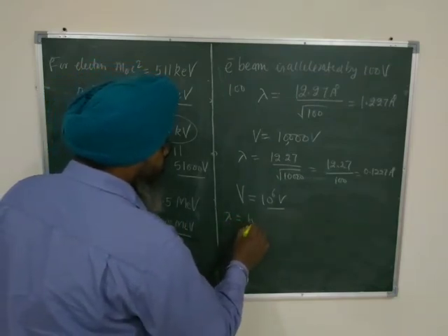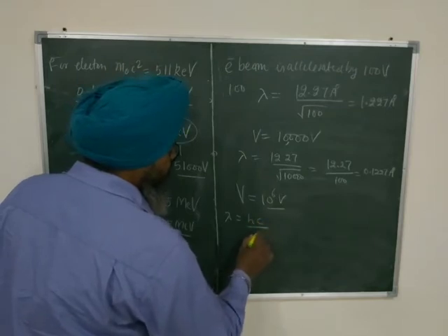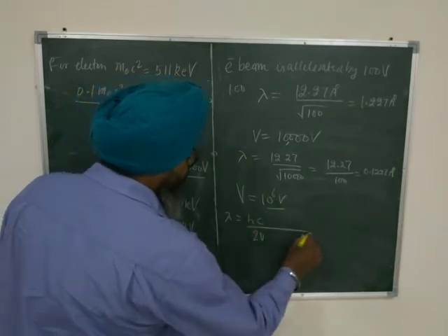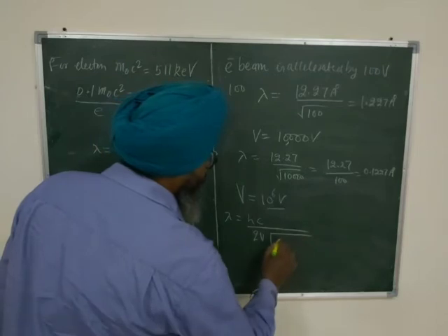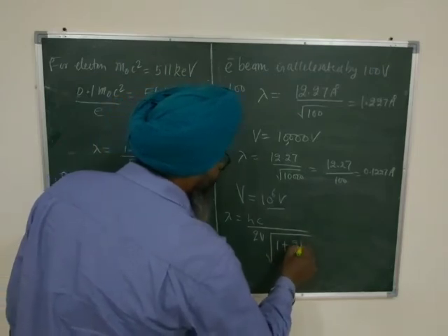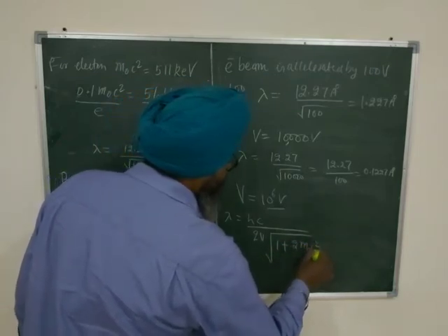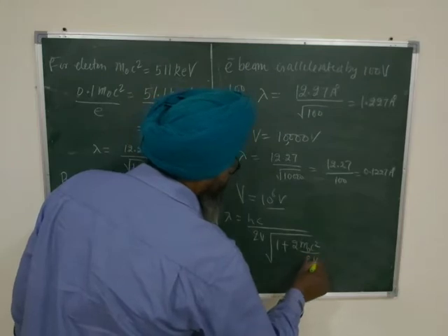Lambda is equal to hc upon qv, and it was square root of 1 plus 2m naught c square upon qv.